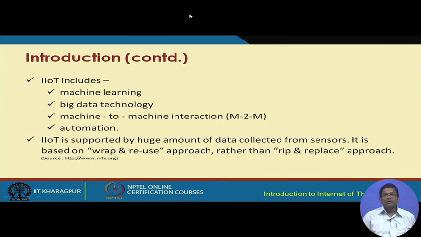So machine learning techniques and technologies are used. Big data we will talk about in another lecture, when we cover data handling and data analytics: how to handle big data and what tools are available.